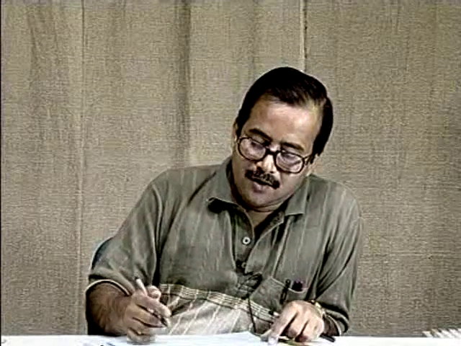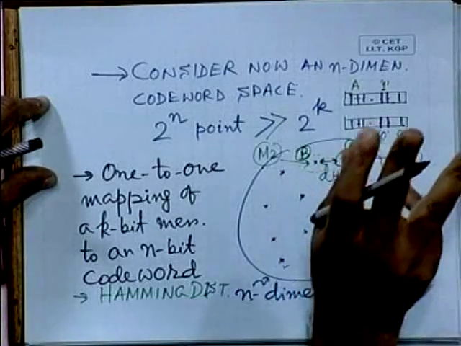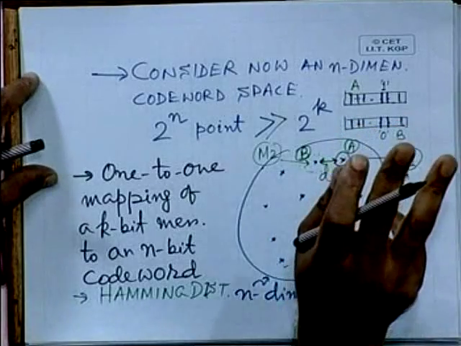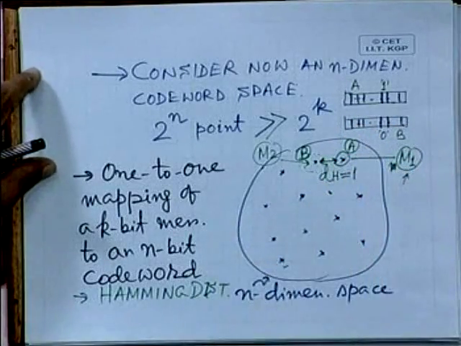Now, coming back closer to this issue of minimum Hamming distance. Suppose this situation of dH equal to 1 is not acceptable. We should not ever consider two adjacent points as two valid code words. By valid code word I mean code words which represent an encoded output for a message bit pattern of k bits.